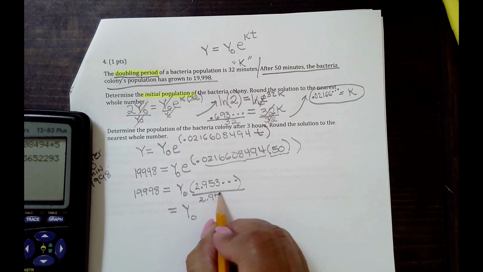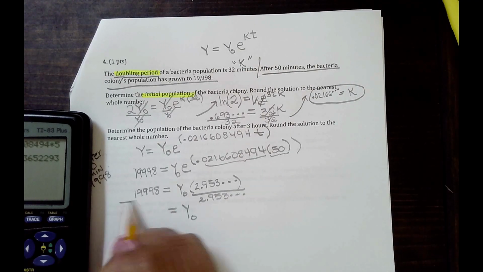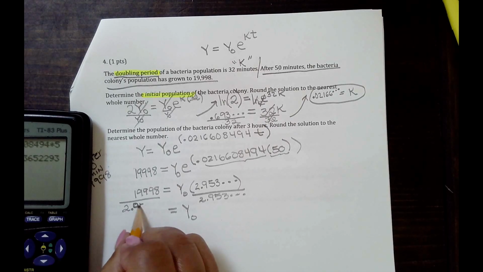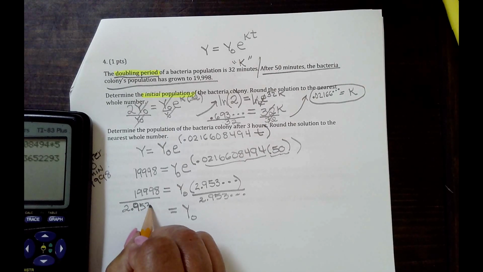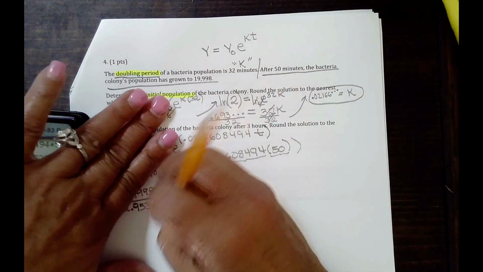Divide this off, and take this left side and do the same. Divide by the same number, 2.953, on and on and on. Let me move this down.